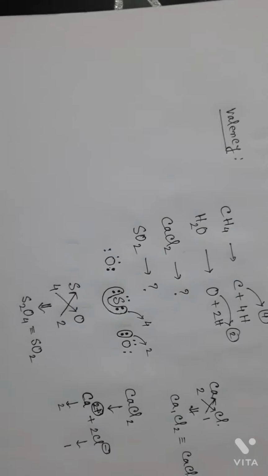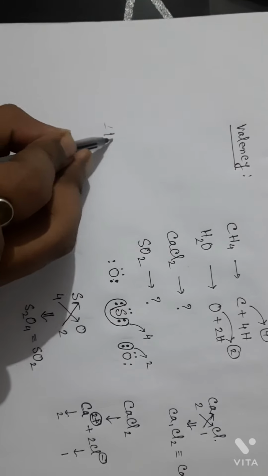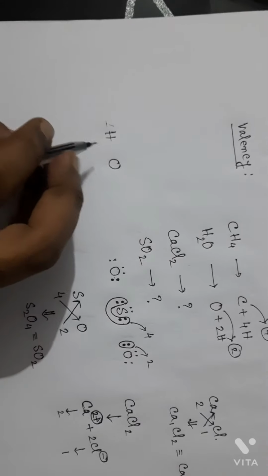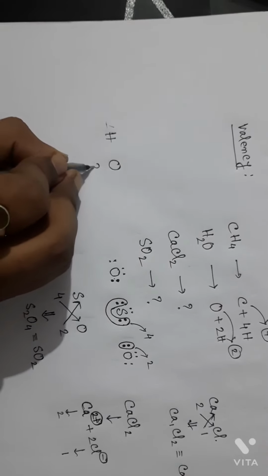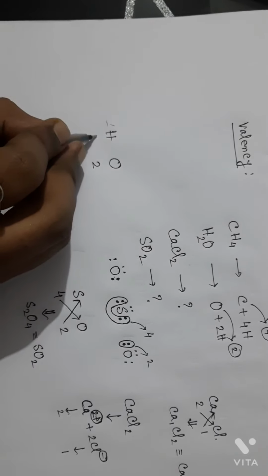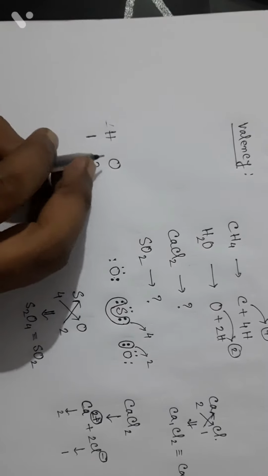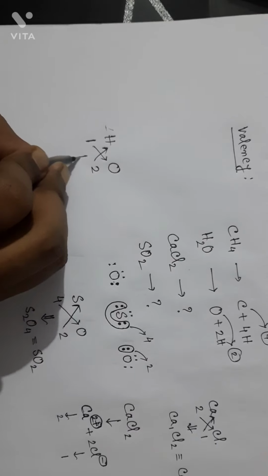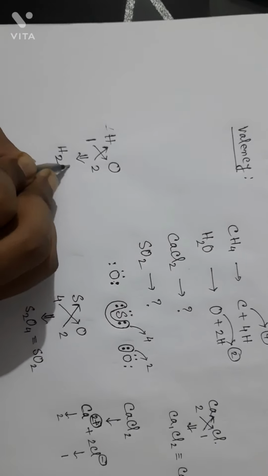Another example is water. When water is formed, hydrogen and oxygen combine. We know the valency of oxygen is 2 and hydrogen has only 1 electron, so the valency of hydrogen is 1. So when they combine and form the compound, it forms H2O.